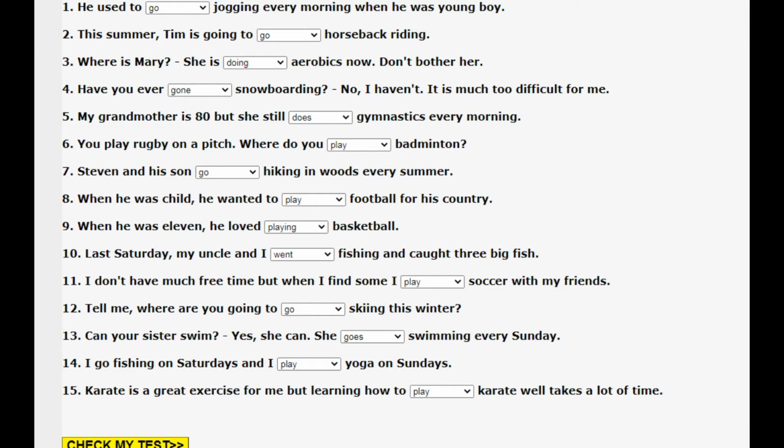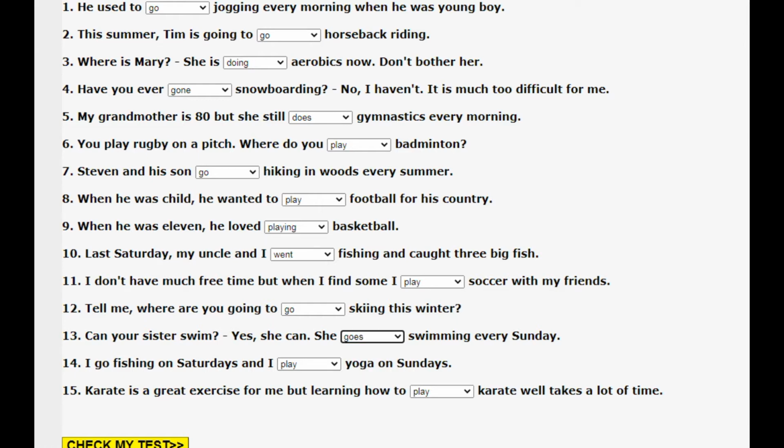Right? And number 13, the question is, can your sister swim? The answer, yes, she can. She goes swimming. She does swimming or she plays swimming every Sunday. Another example using the verb in the ing form, which is the verb that we use before that. The verb is go.